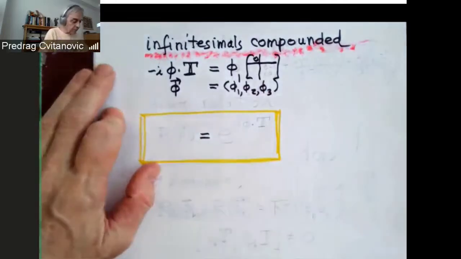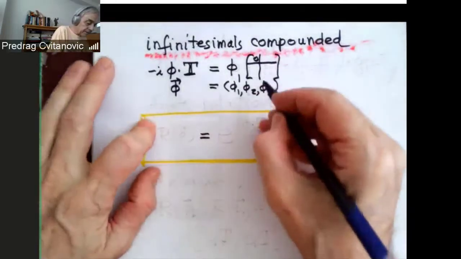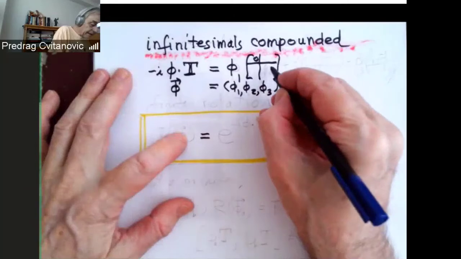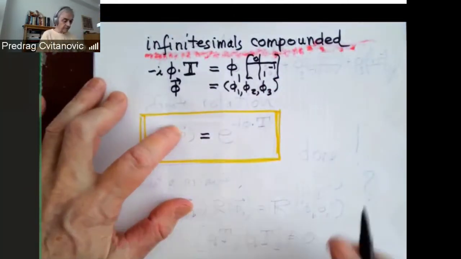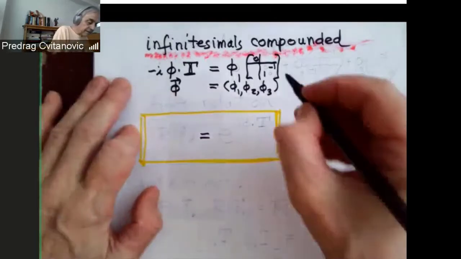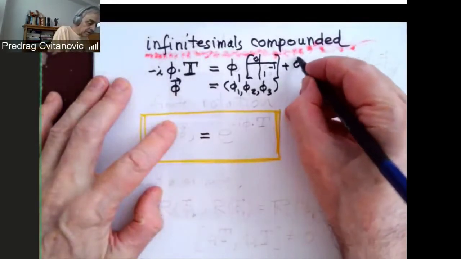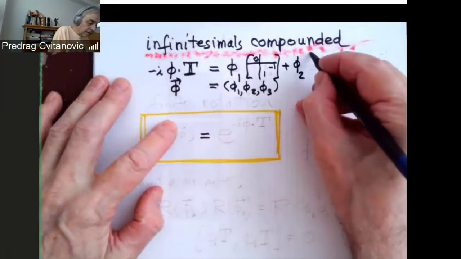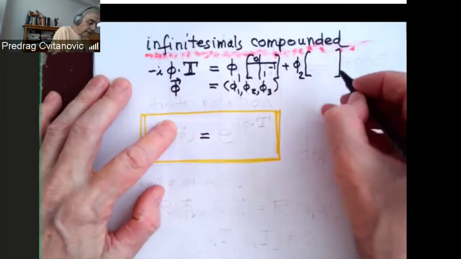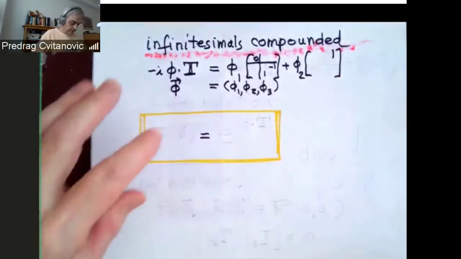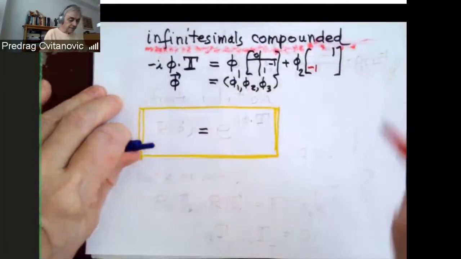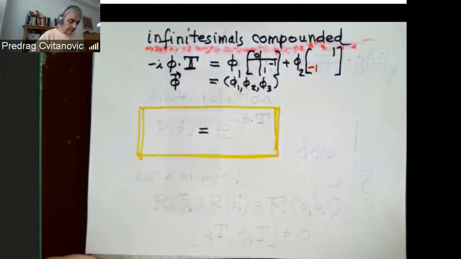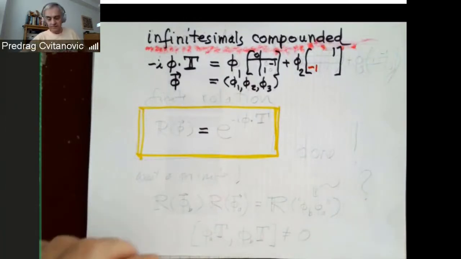E to the zero is 1, so that's how the group element becomes 1. And then you have minus 1, 1, and everybody else is 0, because this is just rotation around the x. Or rotate around y-axis, and you have 1 and minus 1 here, and zeros every place else.